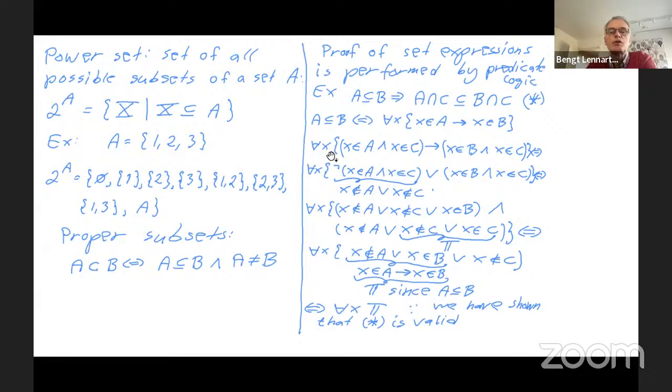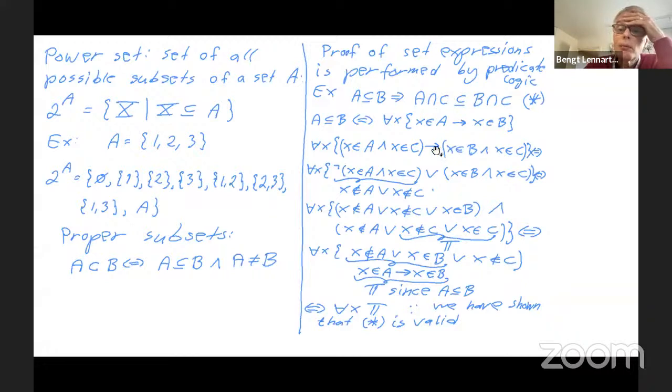and look at what is A intersected with C. It's that for all X, X is an element of A and C. And here I use the subset and replace that with the conditional statement. And B intersected with C is X in B and C as before.